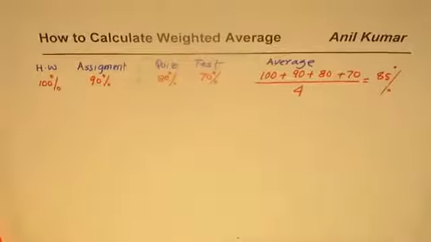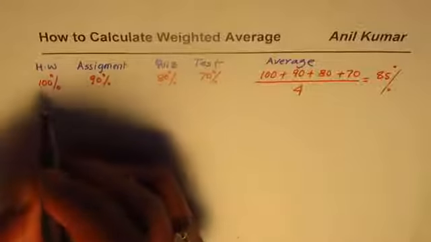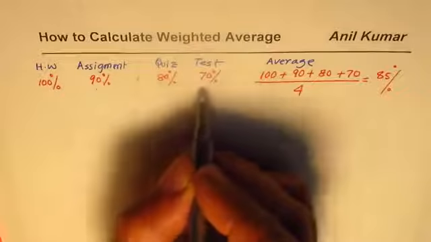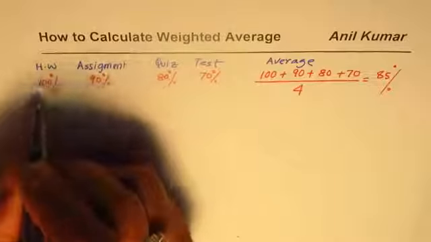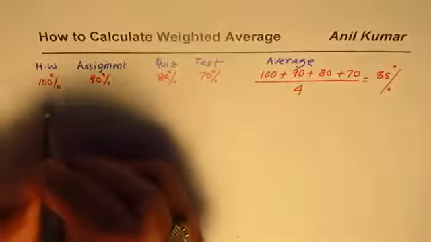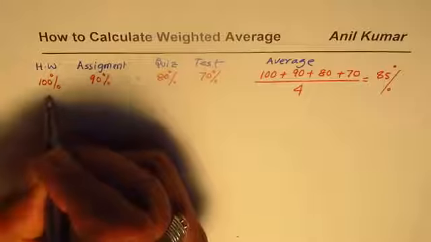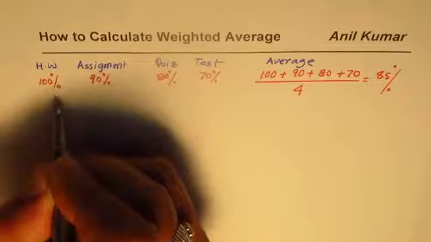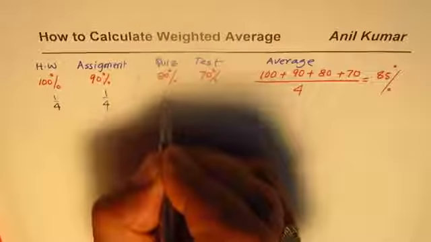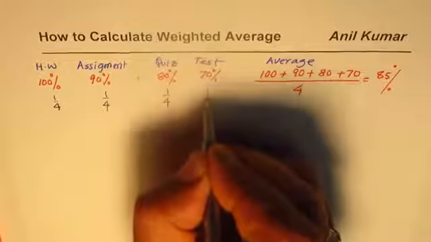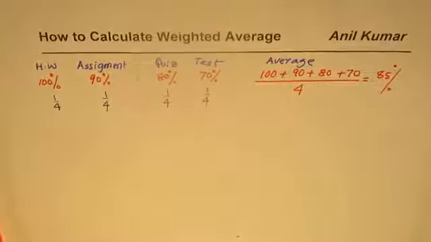So what we are saying here is that everything has a quarter to add up to make a full. So the weightage, which we'll introduce further, is like 1/4 of the homework, 1/4 of the assignment, 1/4 of the quiz, and 1/4 of the test is being added to find the average.